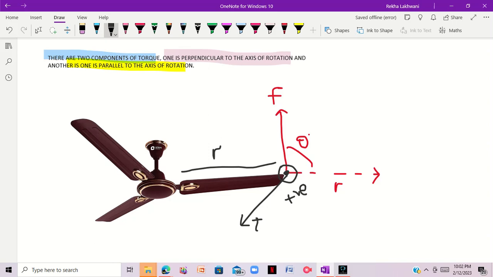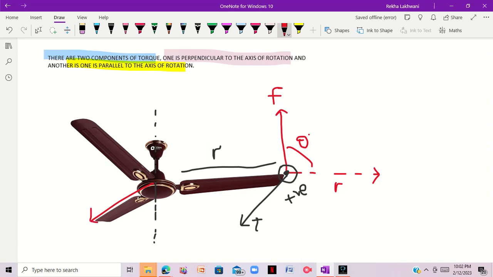Now what is the axis of rotation? The point about which the body rotates is known as the axis of rotation, AOR. If we parallel shift this torque vector, we'll find it is something like this.